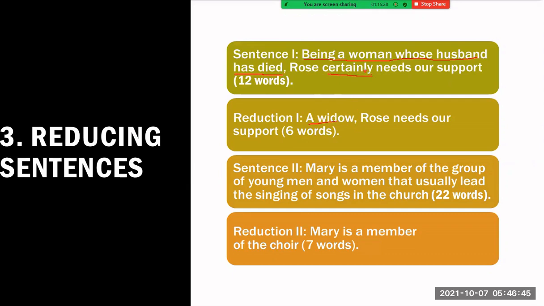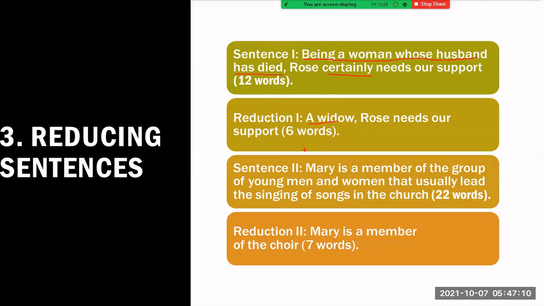You know, this is a modifier. And in summarizing, you eliminate modifiers as much as possible. So what do we have here? We are reducing 12 words to 6. And what we have here is a widow. Rose needs our support.